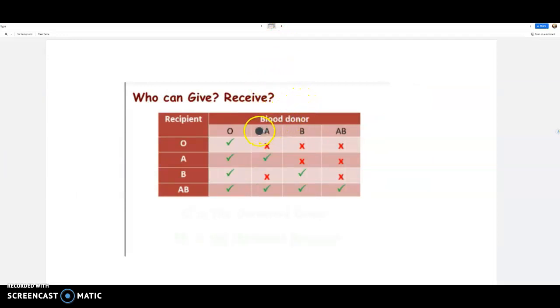If you have a blood recipient O, the recipient O can get blood only from O. And if it is A, it can get from O and A. Blood type B can receive from O and B.